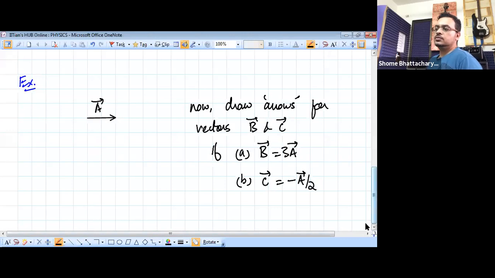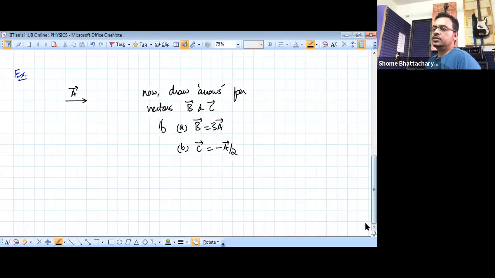So how we'll do this is we'll understand that when you multiply a vector with a number or a scalar, if that number or scalar is a positive quantity, then the direction of the vector remains the same. So for example, here B is given to us as 3A. So 3 is a positive quantity.